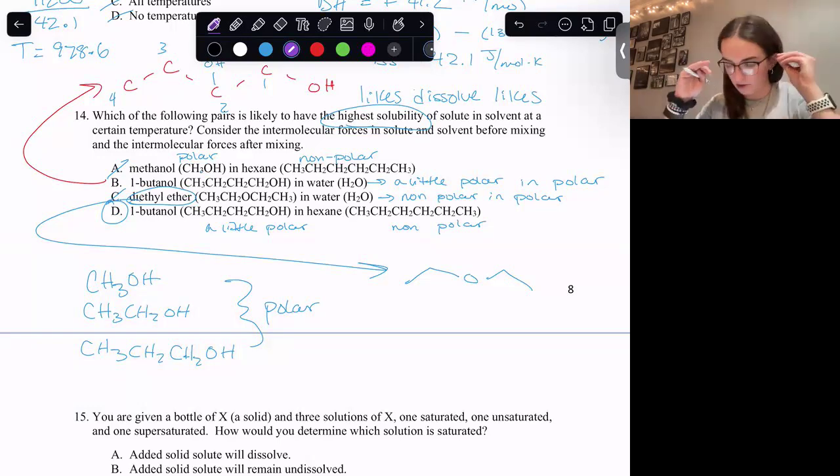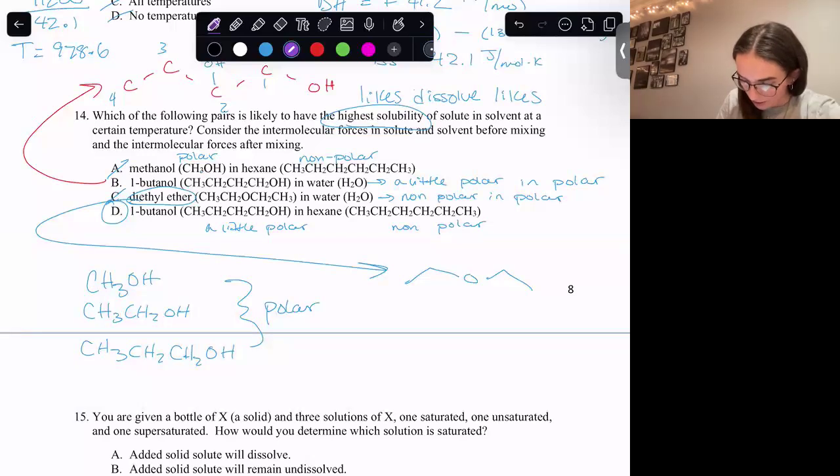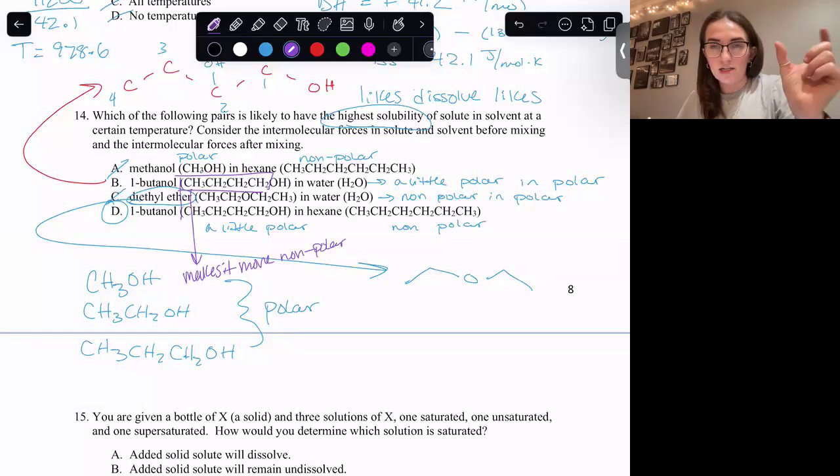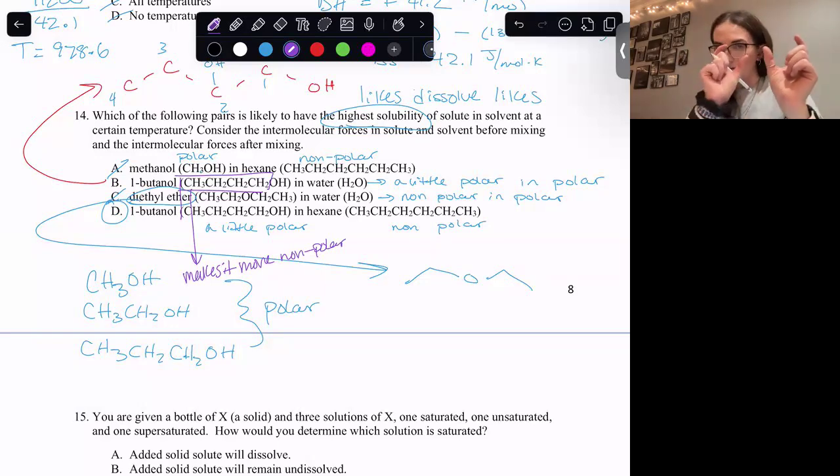That's going to be a polar molecule. If we have 4 or more carbons in a chain, that makes it more nonpolar, because the lack of difference in electronegativity in the carbons is going to outweigh the slight difference in electronegativity with that OH.